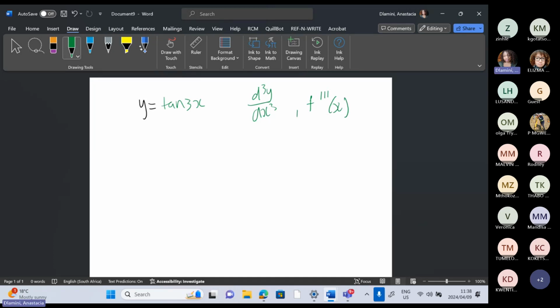Can we differentiate that? I need help with that one. Let's differentiate that.